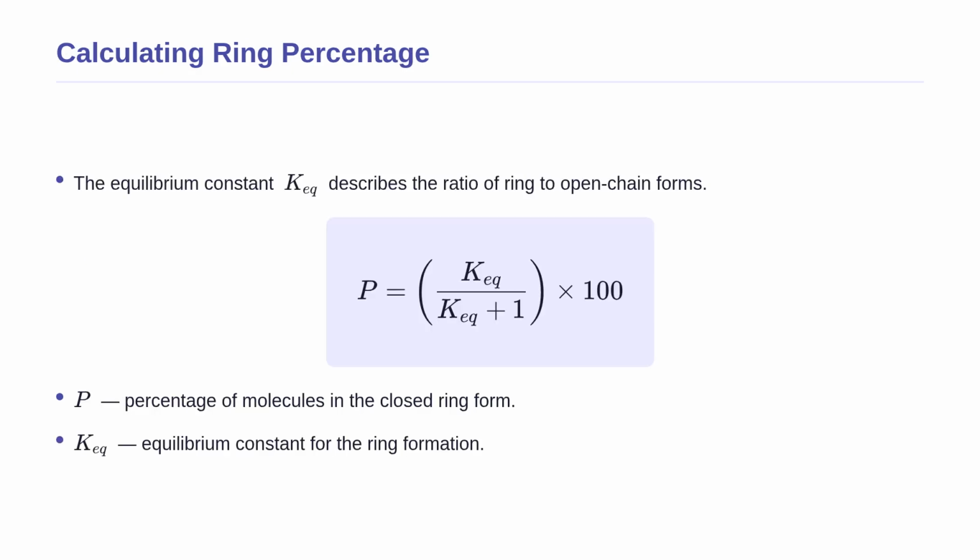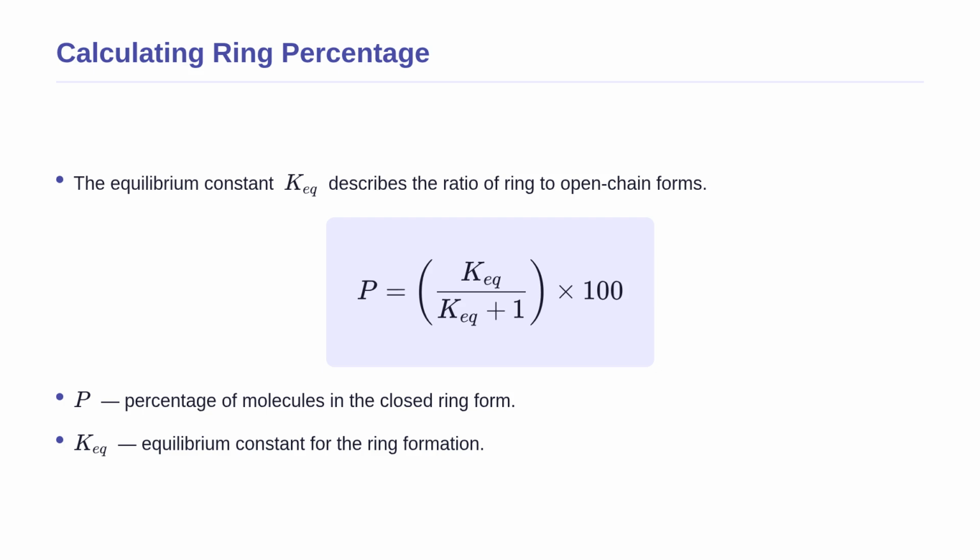Since this ring formation is a chemical reaction, we can measure its stability using an equilibrium constant, KEQ, which is the ratio of closed rings to open chains. Building on that, we often want to know exactly what percentage of the sugar is in the ring form.